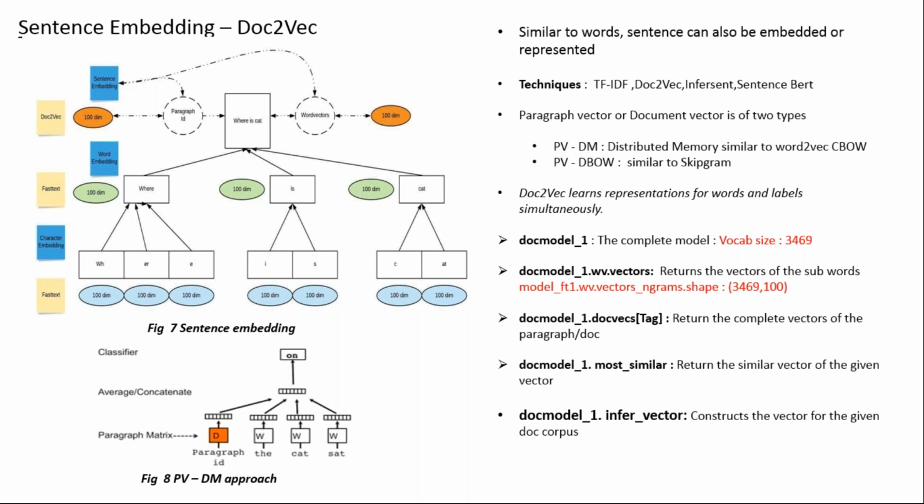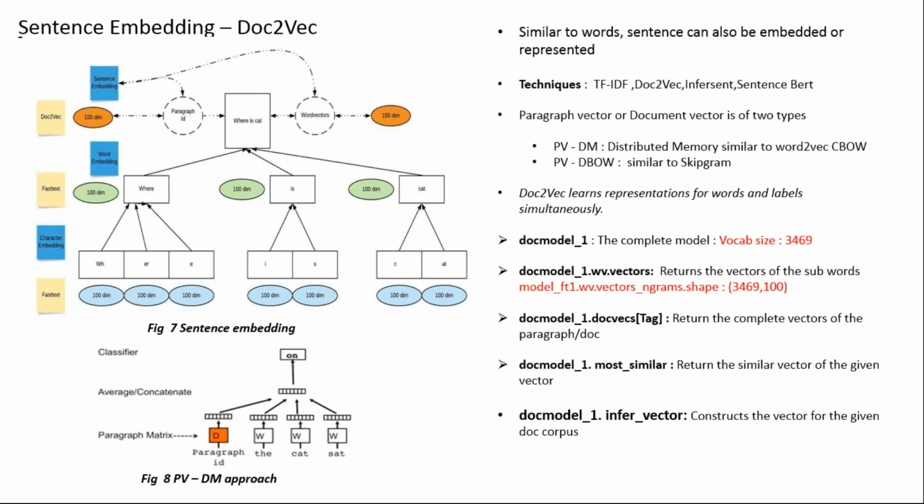Let us say I'm just considering it as a sentence. In general, sentence embedding works like this: let us say you have a sentence, "where is cat". FastText can do a character embedding by splitting the words into subgrams. That is where you see "where" getting split into WH, ER, E. These are just reference examples that I have given, not necessarily the right embeddings.